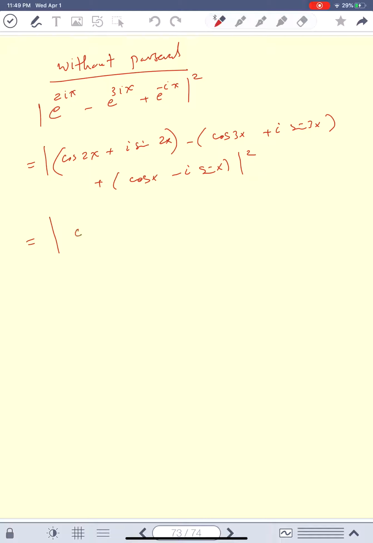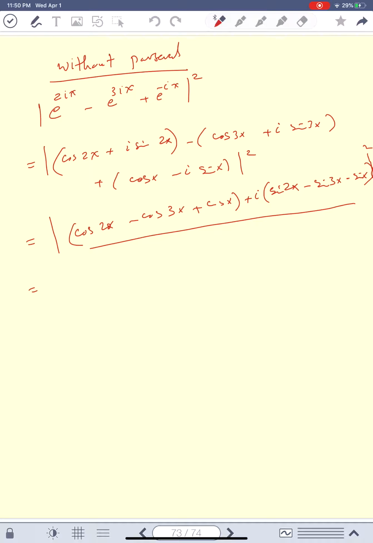Then you collect all the cosines, because those terms do not have an i. Then what is with i? It is sine 2x minus sine 3x minus sine x, like this. All of this squared, then this is equal to the first quantity square.